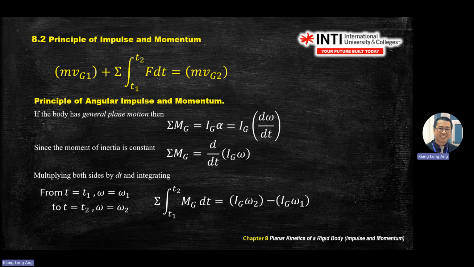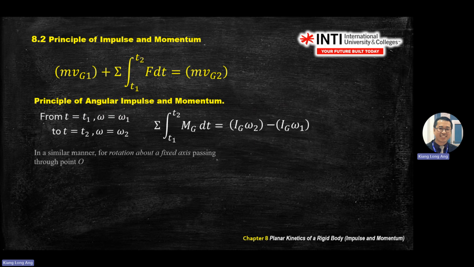But sometimes the question will simply say to use the principle of impulse and momentum. It means that if the object has general plane motion, translation and rotation at the same time, then it forces you to combine this one and this one together.